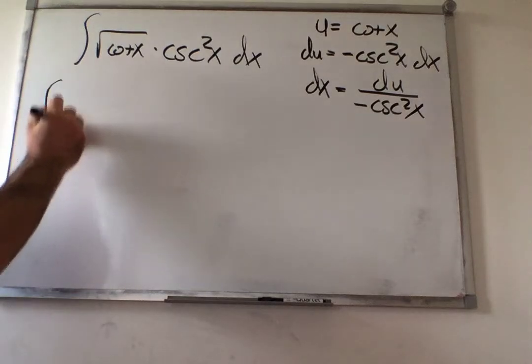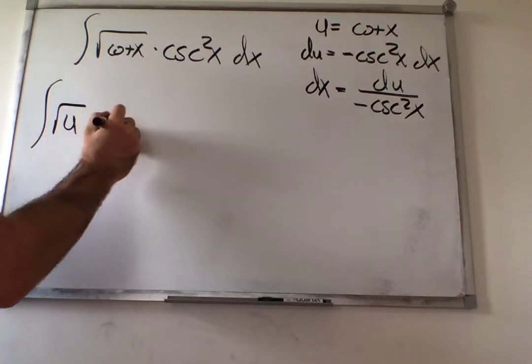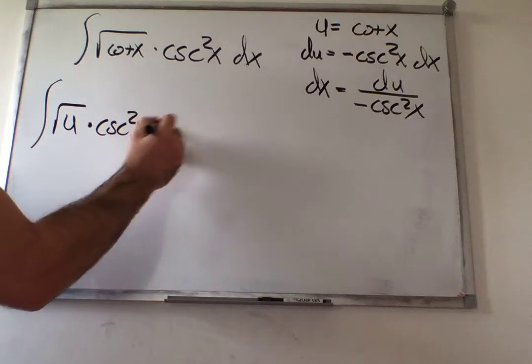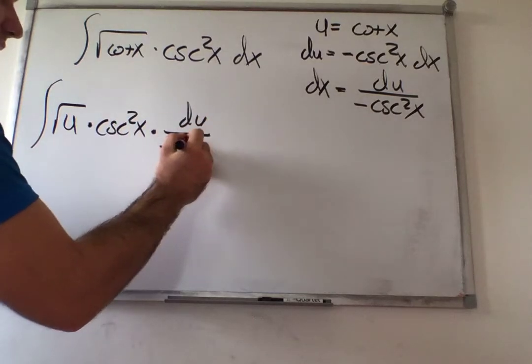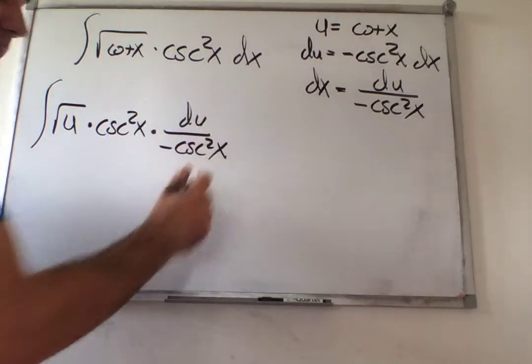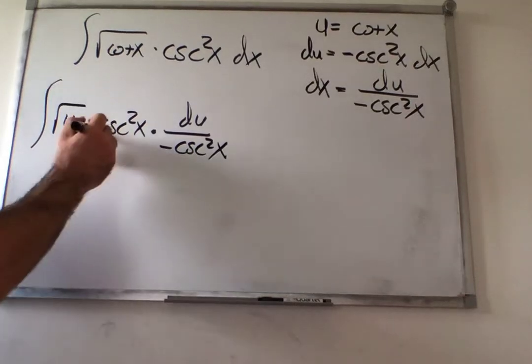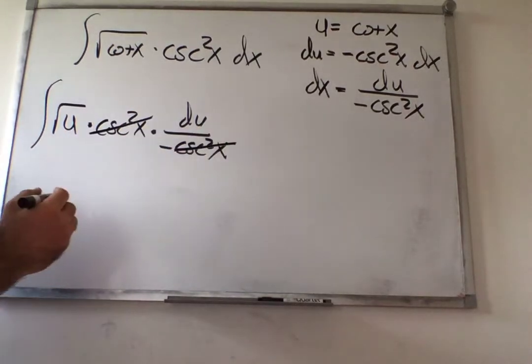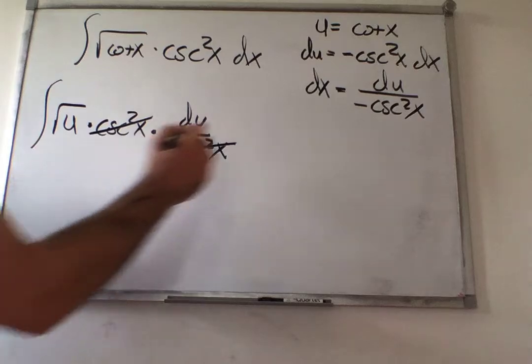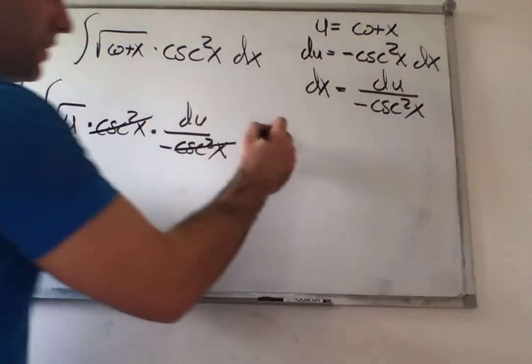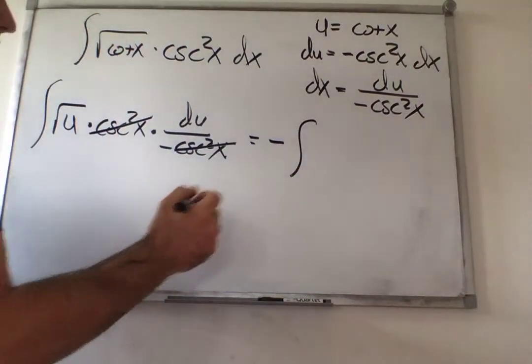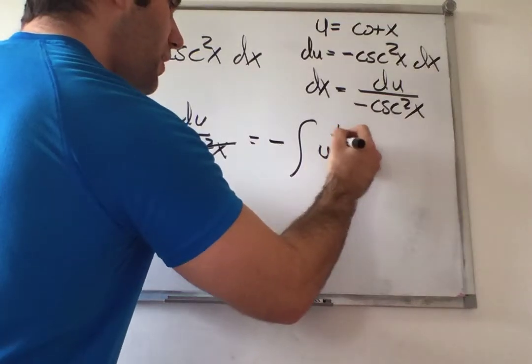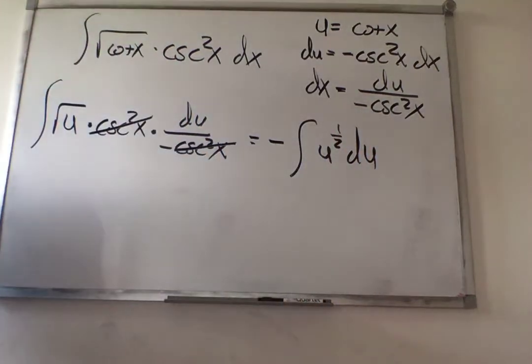We get the integral of square root of u times cosecant squared of x times du over negative cosecant squared of x. The cosecants cancel. I'm going to bring the negative out front, negative integral of u to the 1/2 du.